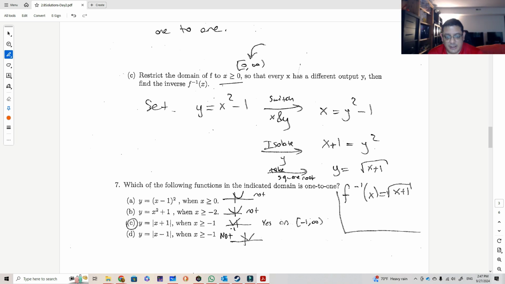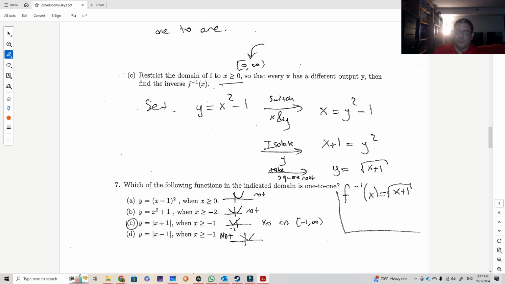So if I go only from minus 1 to infinity, this part is going to get lost, and this function now is going to be a one-to-one function. So of course, because in minus 1 to infinity it is a one-to-one function, then we're probably going to be able to also find an inverse there.